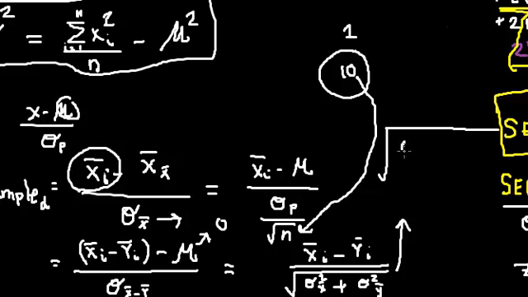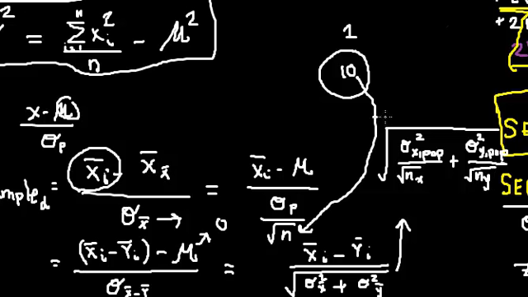The bottom becomes the variance of the population of x, call that sigma x squared, all over its own sample size, let's call it nx, plus the variance of the y population all over its own sample size, ny. And the one on top is unchanged: the mean of x minus the mean of y.